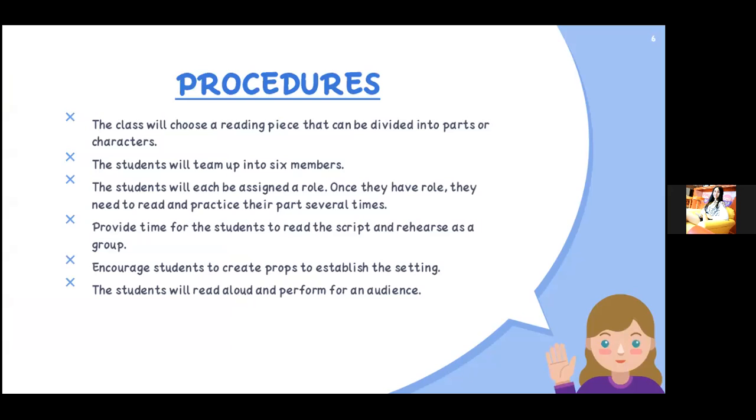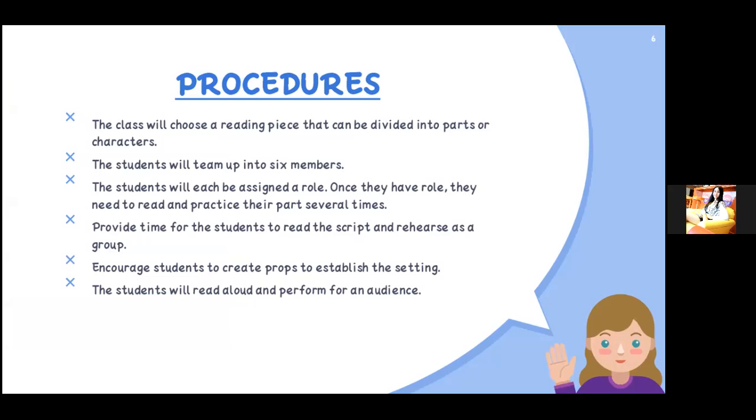The procedures for the reader's theater: the class will choose a reading piece that can be divided into parts or characters. The students will team up into 6 members. The students will each be assigned a role. Once they have a role, they need to read and practice their parts several times.